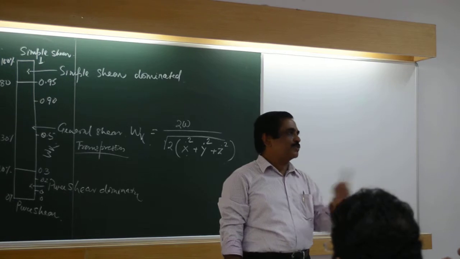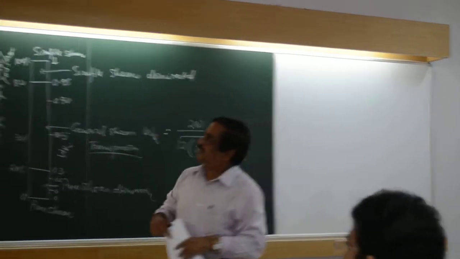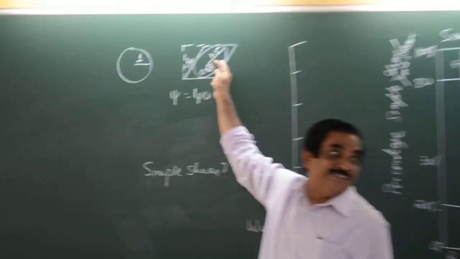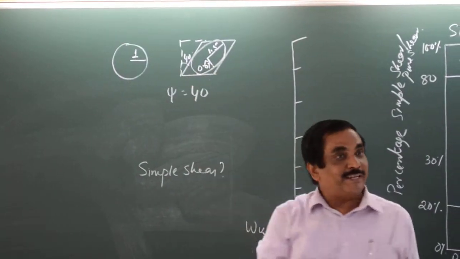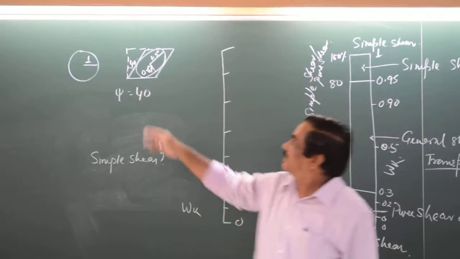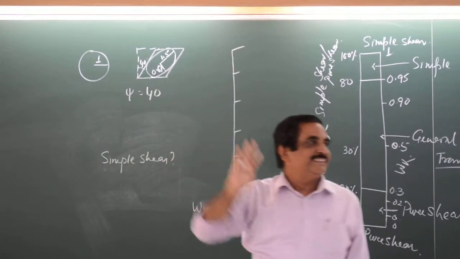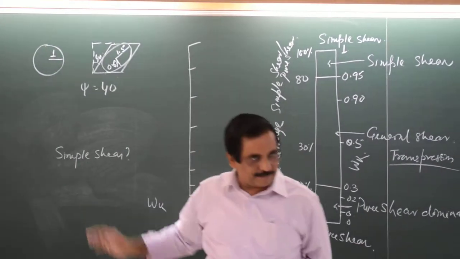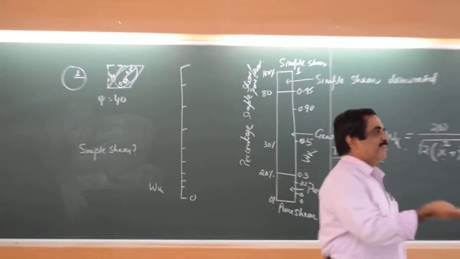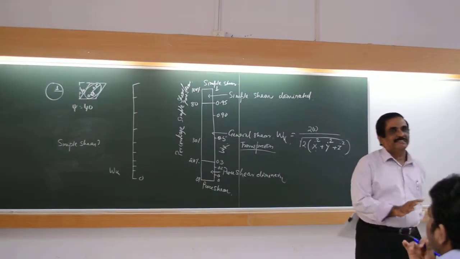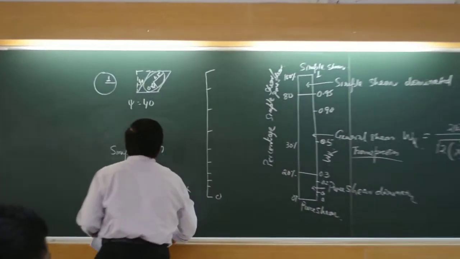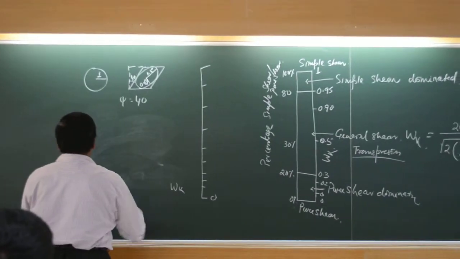So you can measure these values: the original value, the final value, and the angle with the shear plane. Then he is asking whether simple shear, pure shear or general shear deformation is taking place. How will you do it? I will do it, but you see.